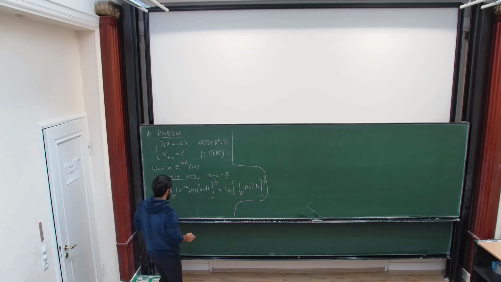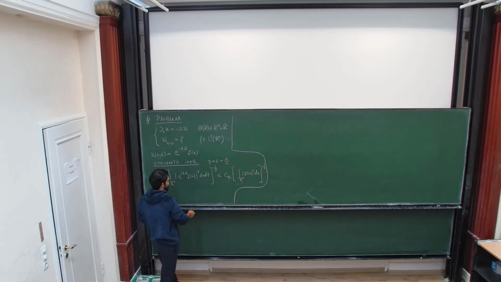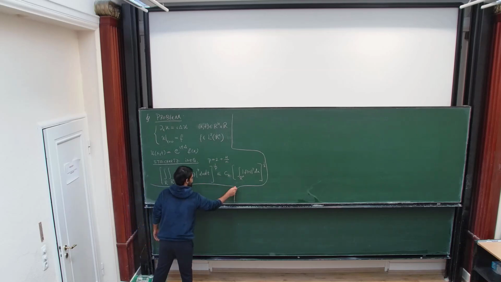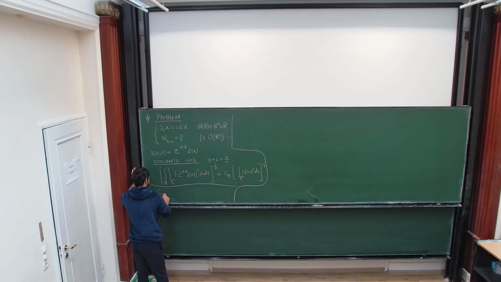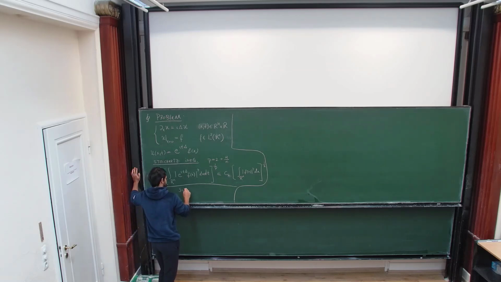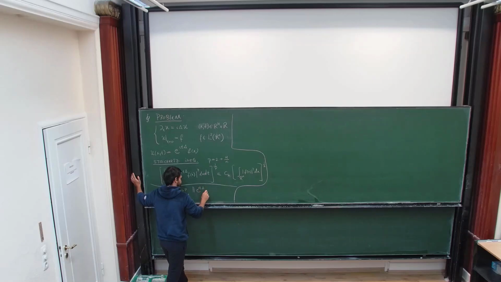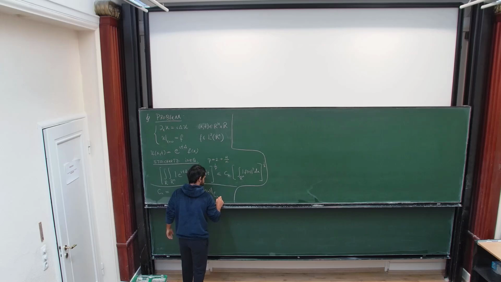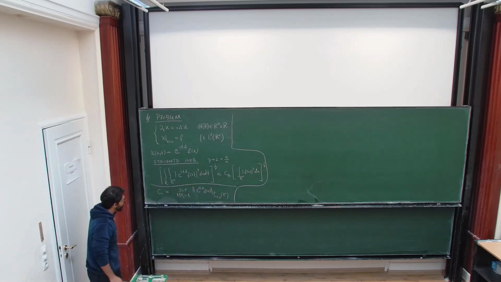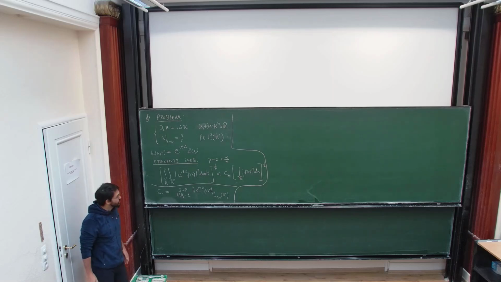So let's define C_n to be the best constant here, which would be the sup of this norm, say with L2 norm equal to 1, and you take the LP norm in space and time. So that would be the sharp constant.